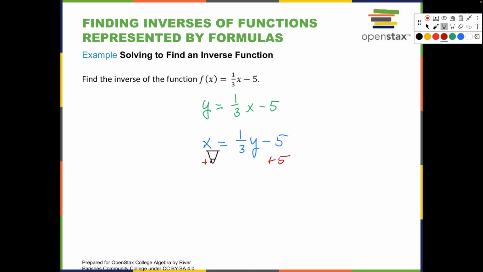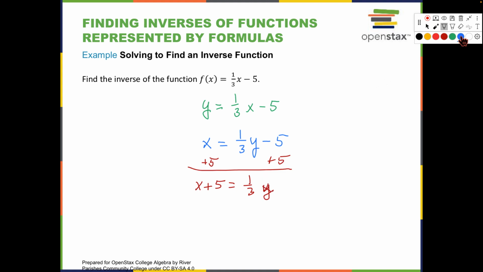And so you kind of see how the inverse is going to be the opposite operations, because we swapped it and then we got to move everything over to the other side. We have to do the opposite things in the opposite order, right? So this becomes x plus 5 equals 1/3 y, and 1/3 y, not x.